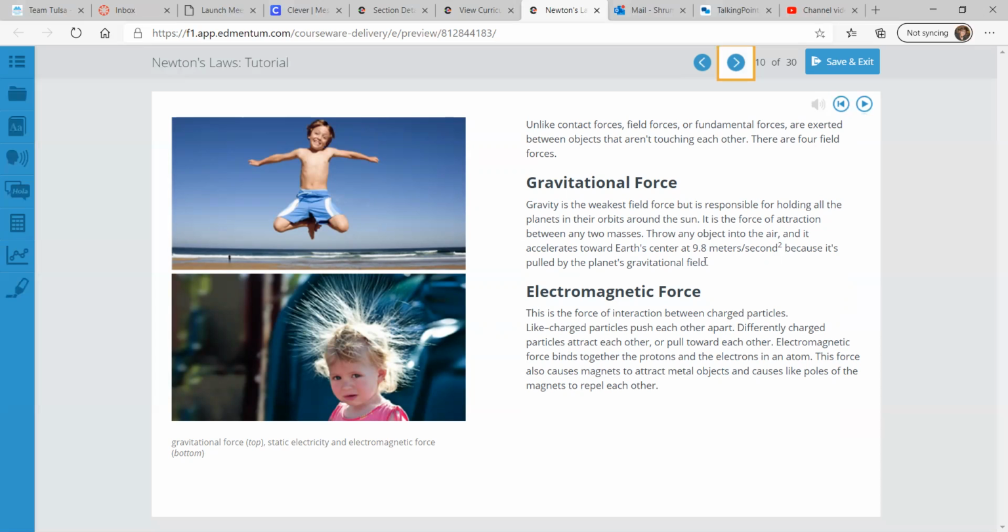It is the force of attraction between any two masses. Throw any object into the air and it accelerates toward Earth's center at 9.8 meters per second squared, because it's pulled by the planet's gravitational field.